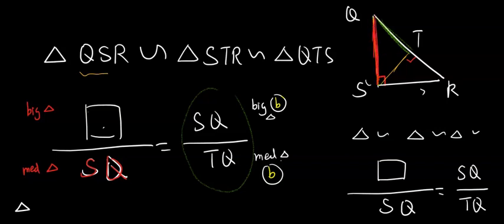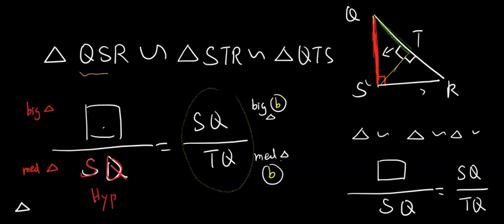You see I color it red. SQ in the medium-sized triangle is the hypotenuse. How do we know? Remember earlier we said if you want to find a hypotenuse, you need to first locate the right angle. See, here is a right angle. Then opposite the right angle, that is the hypotenuse.